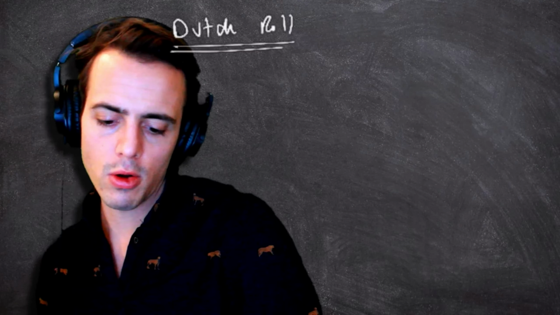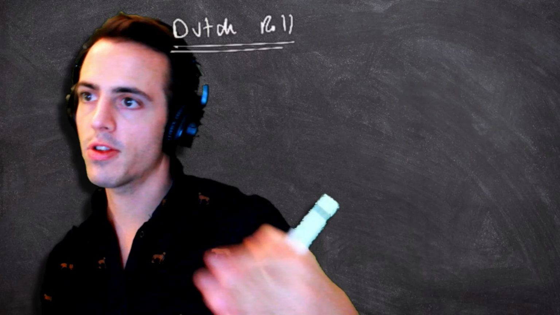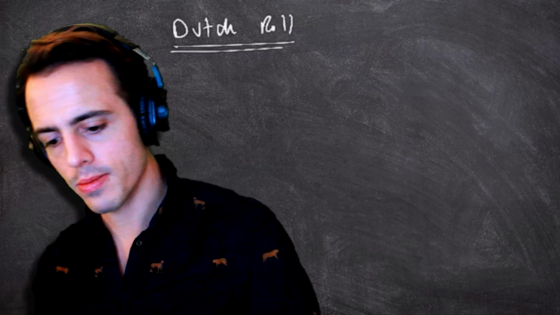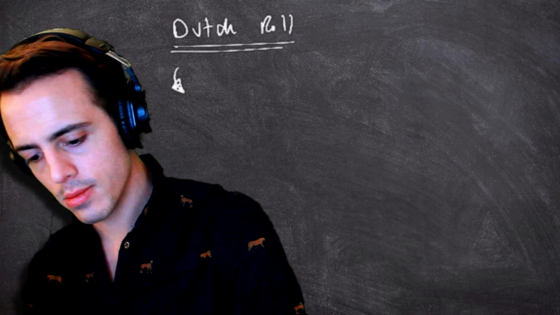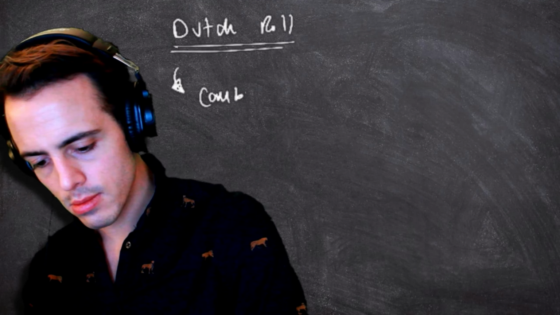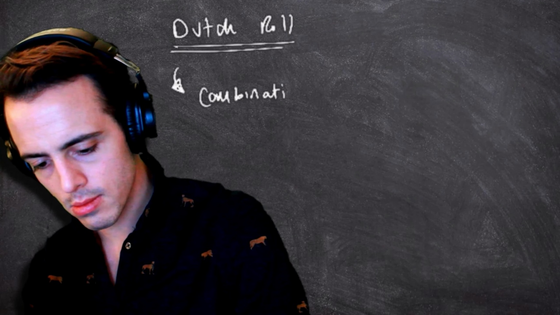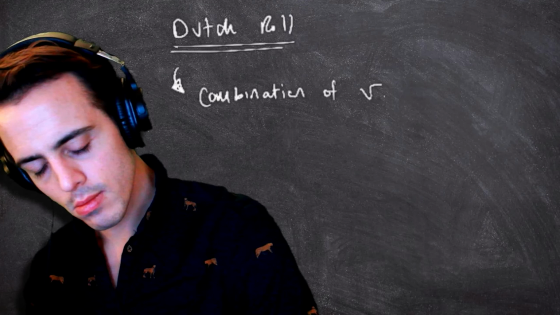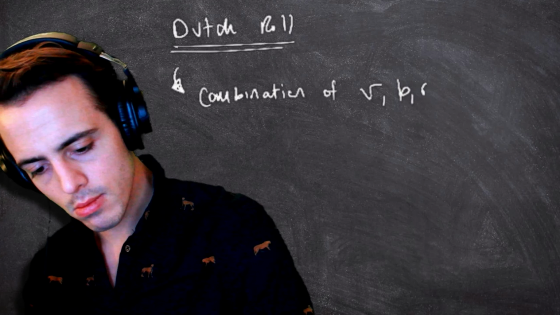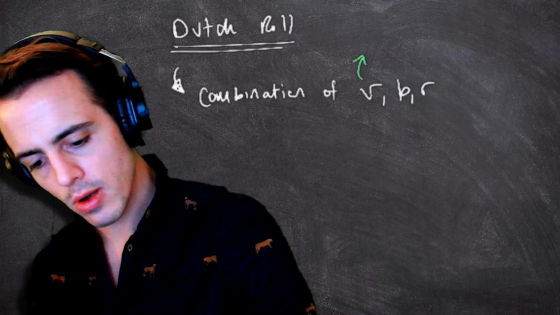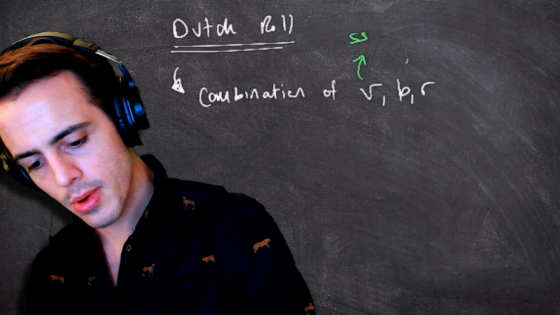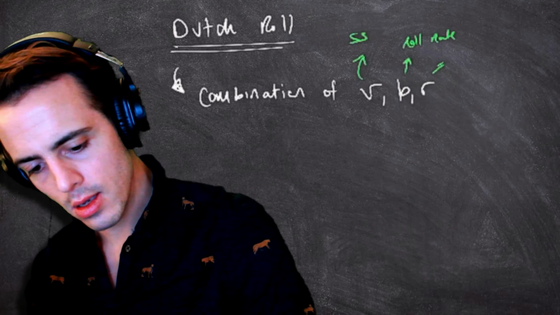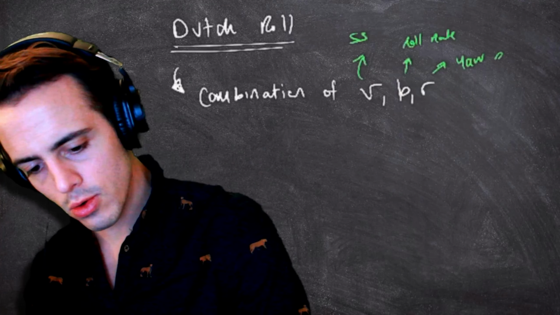So Dutch roll is a combination of side slip, rolling and yawing, all in combination. Remember, we've got side slip, roll rate, and yaw rate.